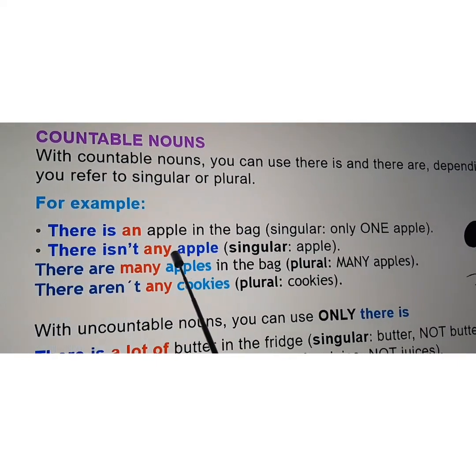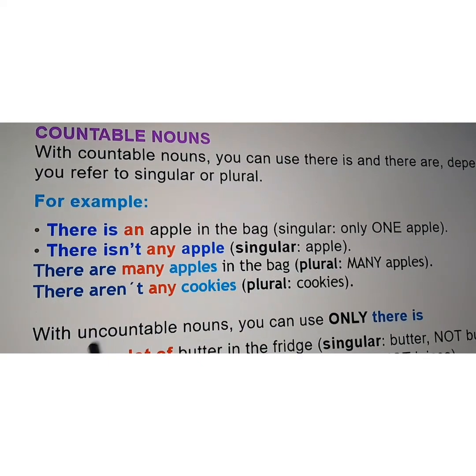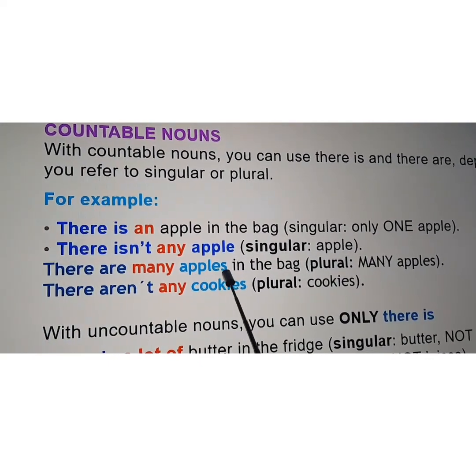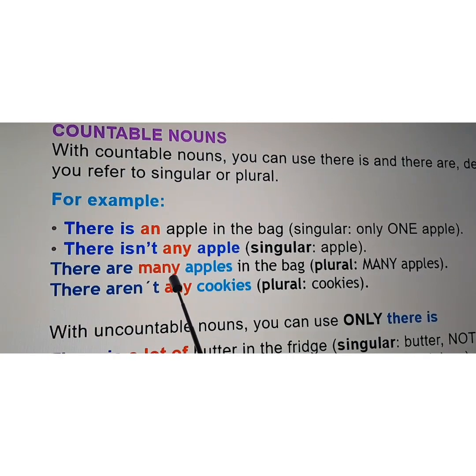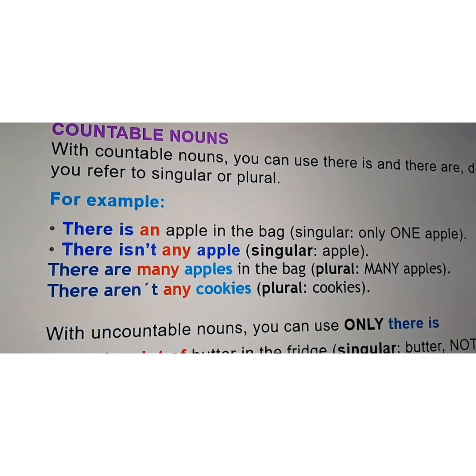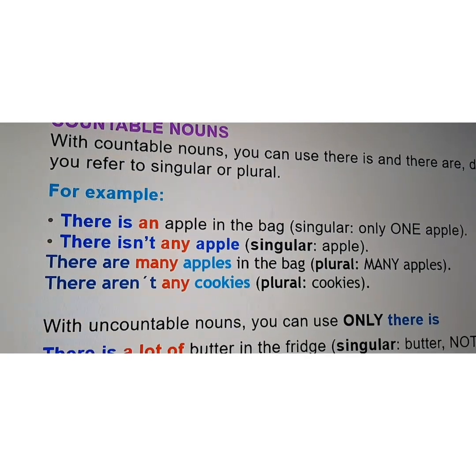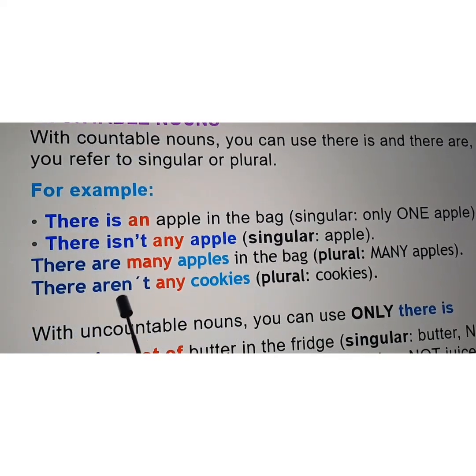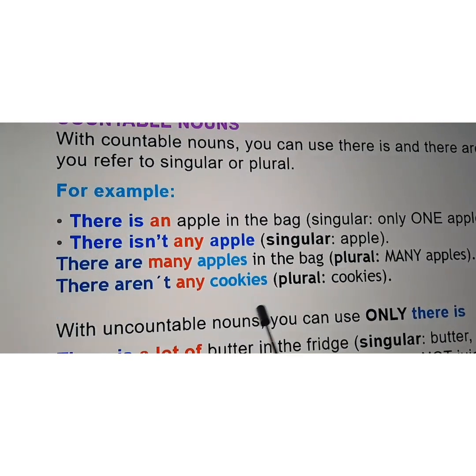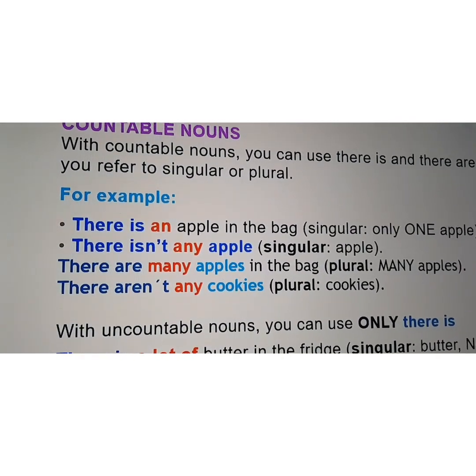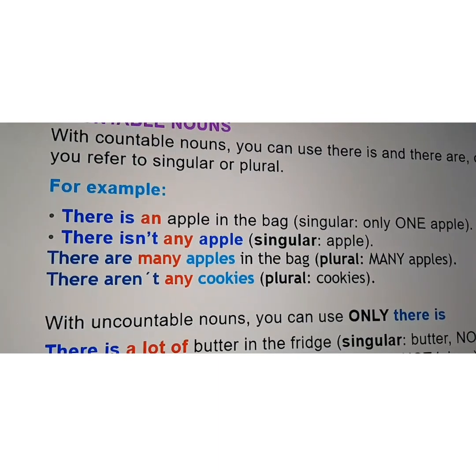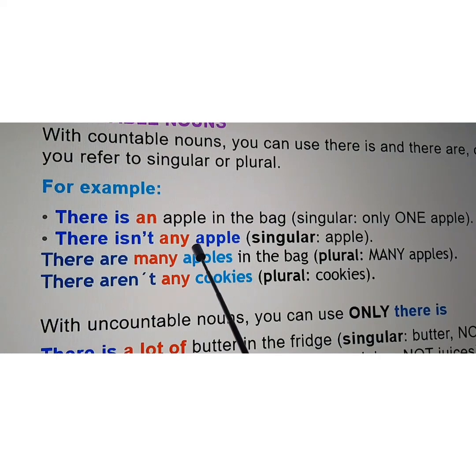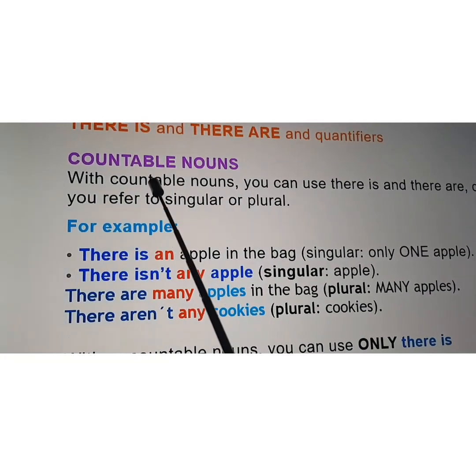We can use any, and apple is singular too. But there are many apples. Many shows us that there are 3, could be 4, 5, or another number of apples. There aren't any cookies is a negative sentence, but in this case, cookies is plural. Okay? There are is for plural nouns in countable nouns.